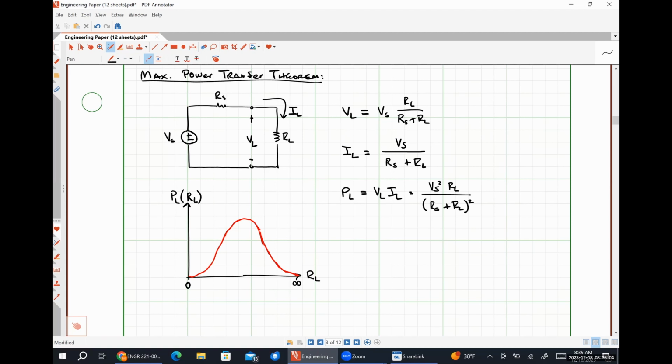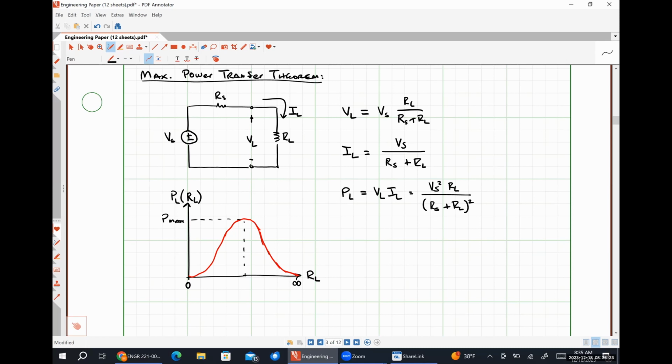We can see very explicitly that there is one particular point where maximum power is drawn by our load resistance.